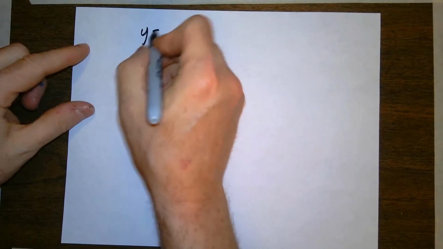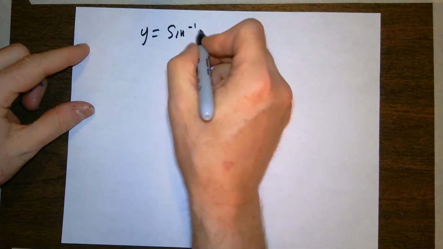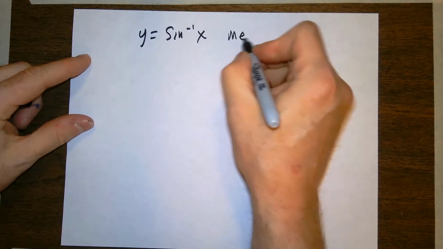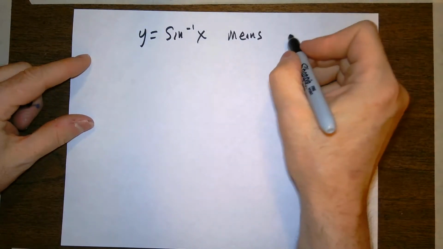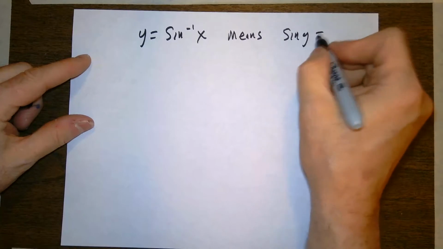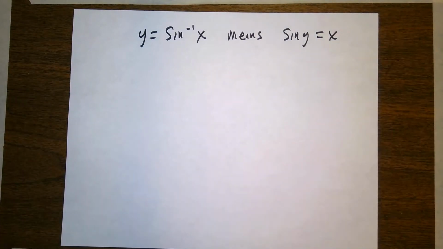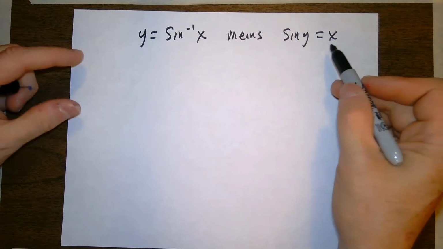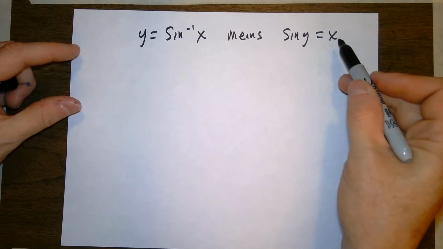Now first, if we look at y equals the inverse sine of x, this really means that the sine of y is equal to x. Remember what inverse means. So if we take a closer look at the sine of y equals x, we're going to differentiate this implicitly.